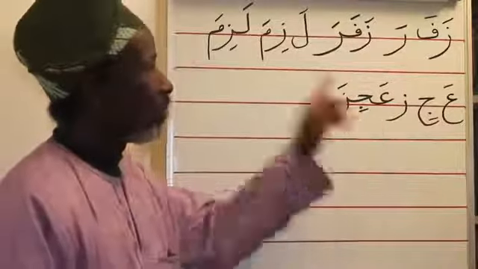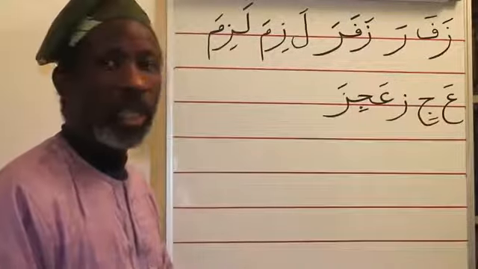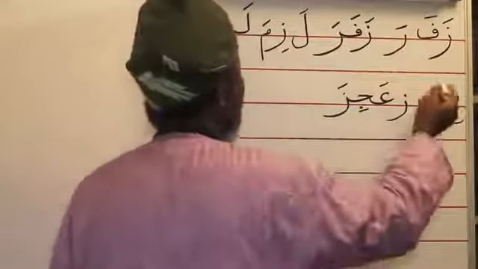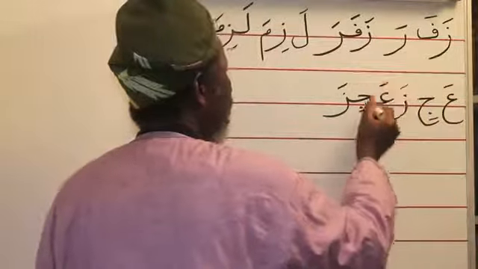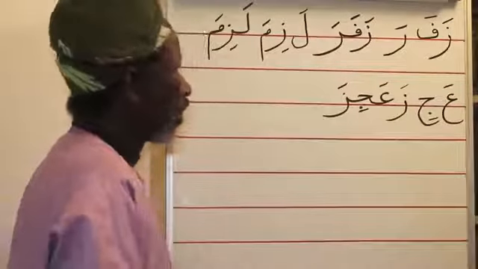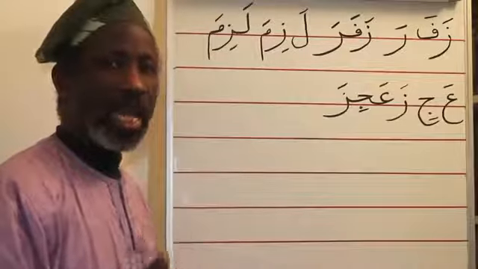Note how the jim is sitting on top of the chair provided. So we have ajiza, ajiza, ajiza. So we've done Ra, Zain, Ra.